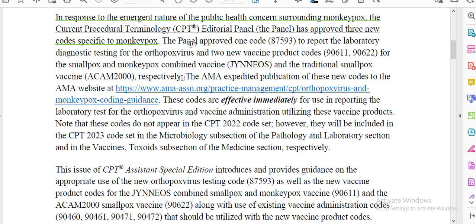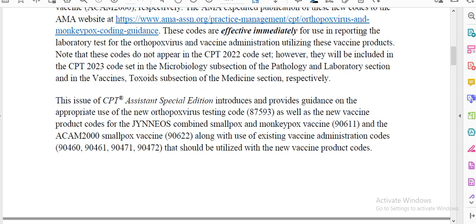See here one important thing. These codes are effective immediately for use in reporting the laboratory test for the orthopox virus and vaccine administration utilizing these vaccine products. So, for example, tomorrow if you get a case for these conditions, we need to utilize those codes. Note that these codes do not appear in the CPT 2022 code set.